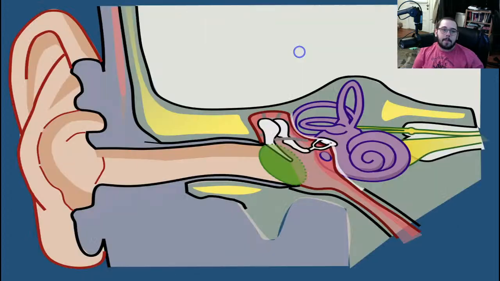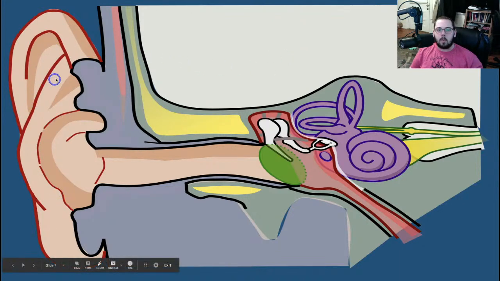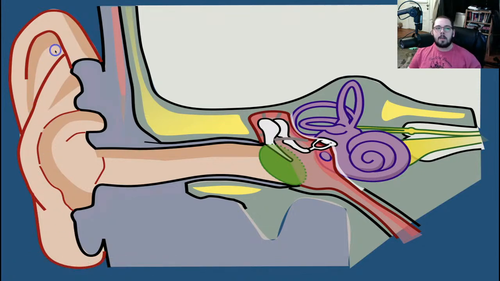All right. So this is a diagram of the human ear. You'll see right here, this is what most people would refer to as their ear on the outside of their head. This is called the pinna, right? And it works to kind of funnel in incoming sounds. It's like a little radar dish that's picking up the sounds that you're hearing, and it's helping navigate the vibrations into your ear canal here.